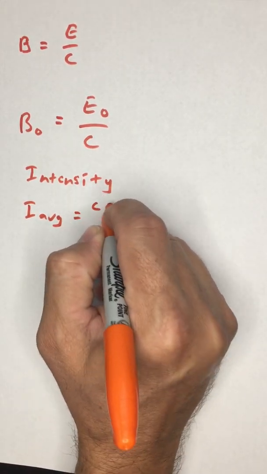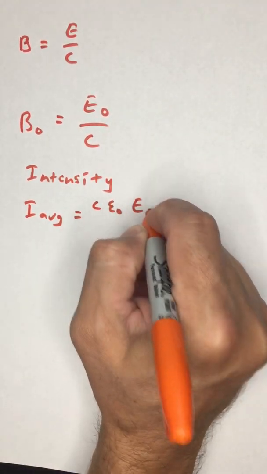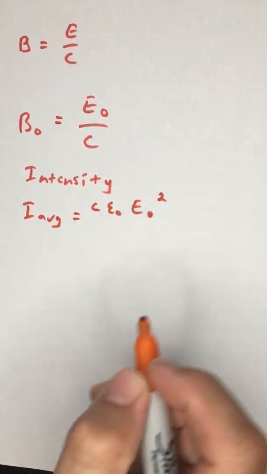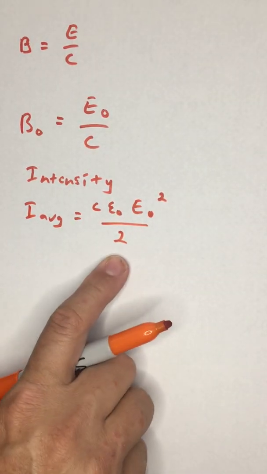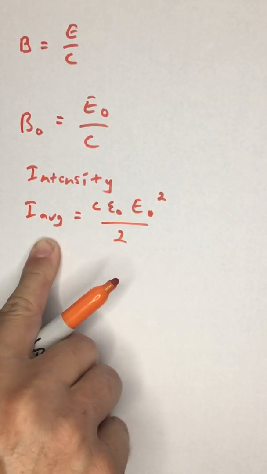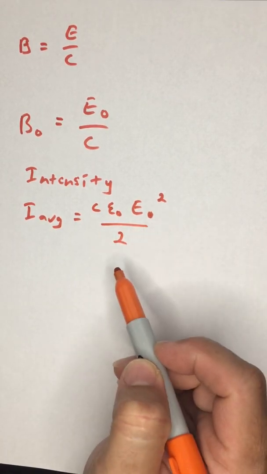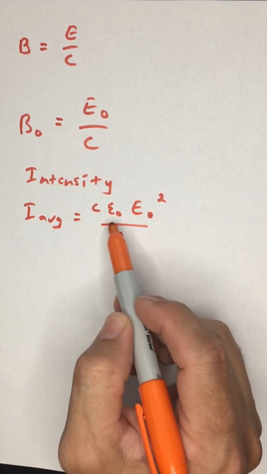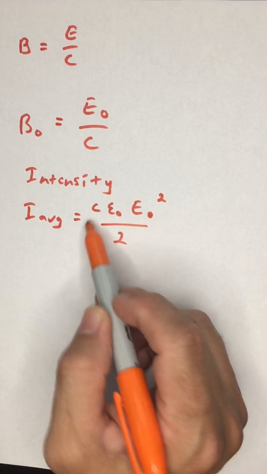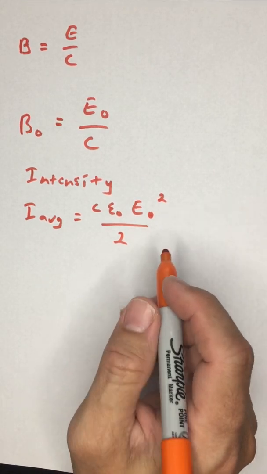We've got the speed of light times the electric permittivity times the max value of the E field squared over 2. You can imagine that the over 2 has something to do with the averaging process. But notice what we have here. We've got the electric field, it's squared. This is the max electric field. We've got the electric constant, and we've got the speed of light. All makes a lot of sense if you think about it.